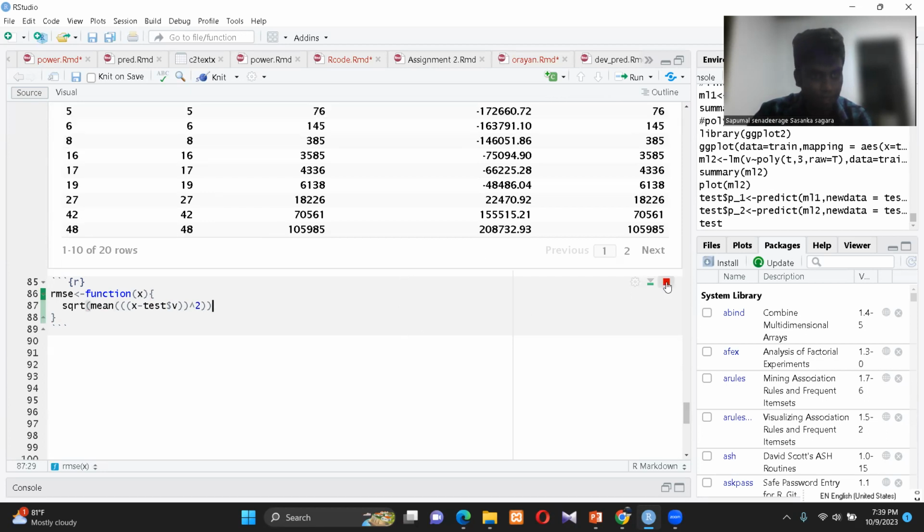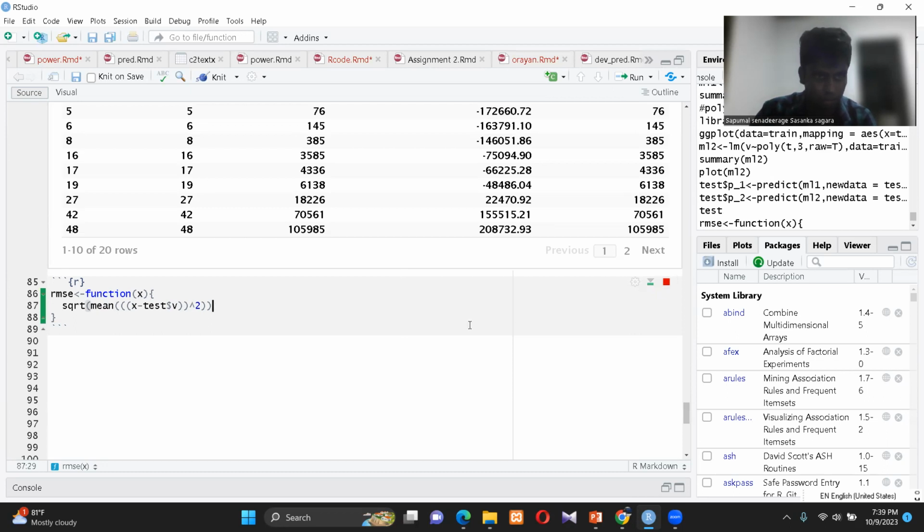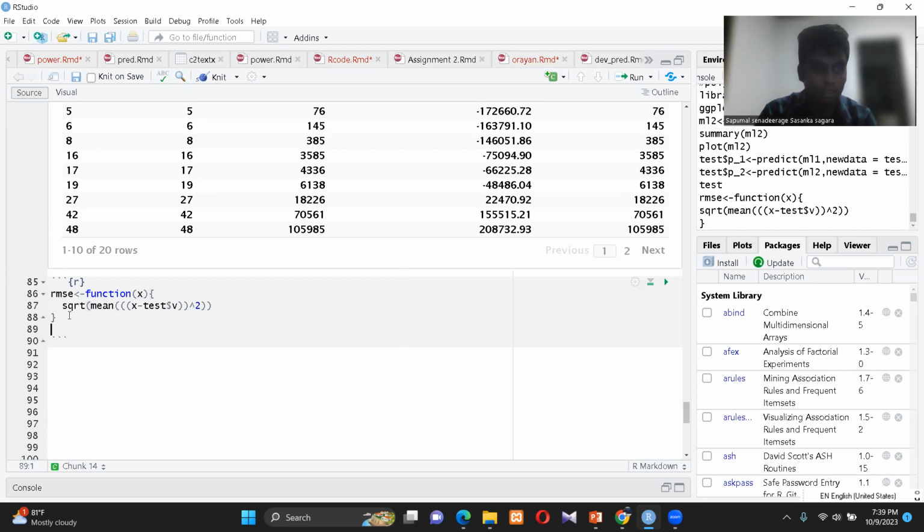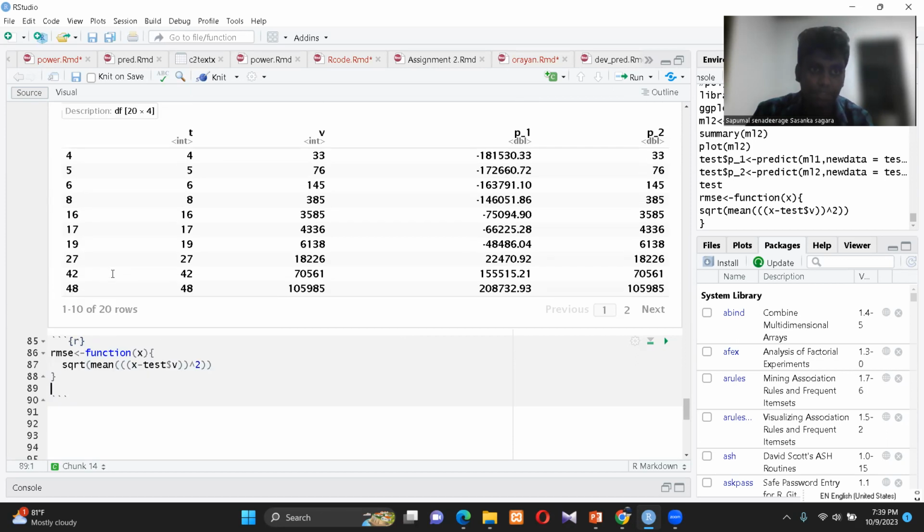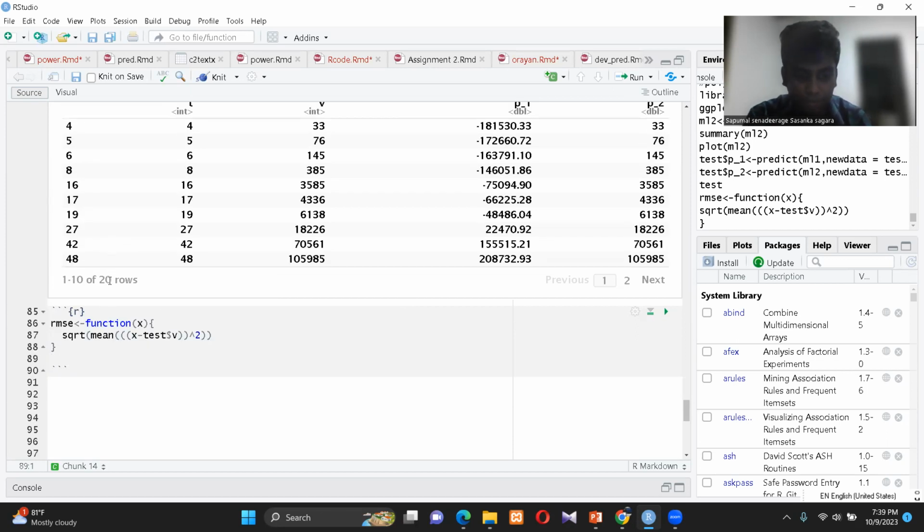Hope this works properly. Okay, let's apply it to compute our RMSE. Let's say RMSE 1, with test dollar prediction 1 inside parentheses, where the test is the observation.